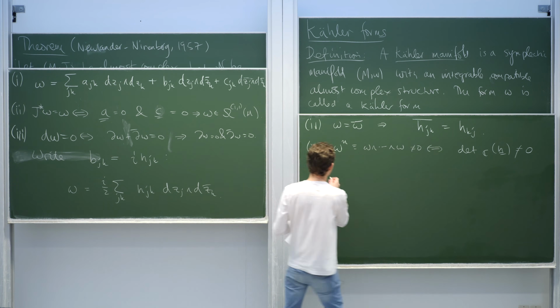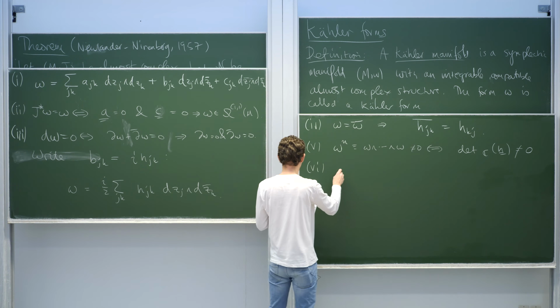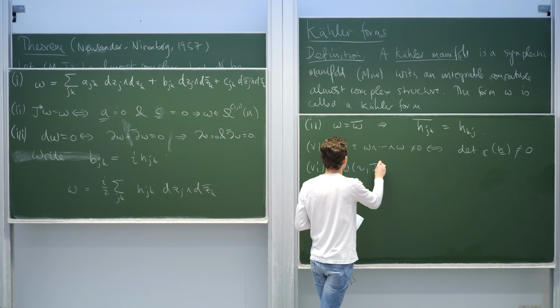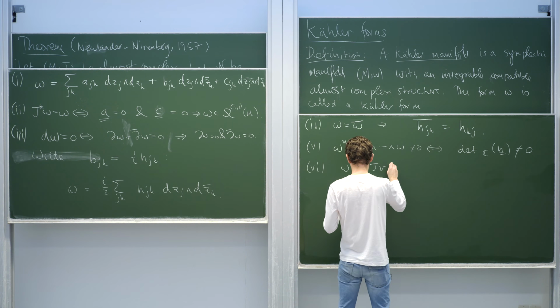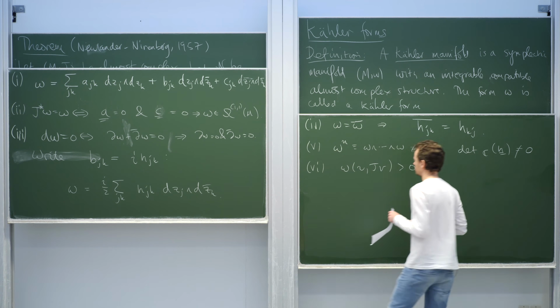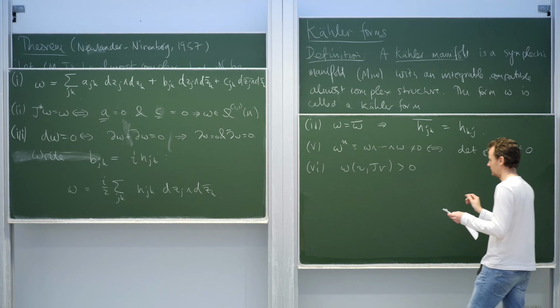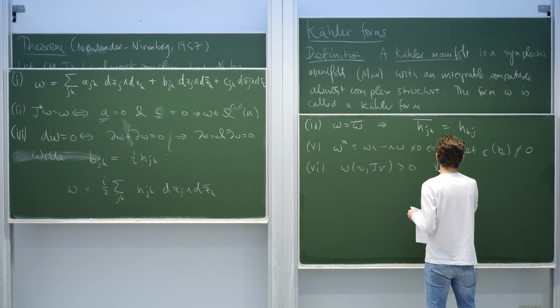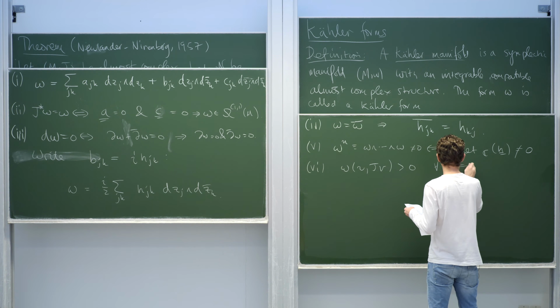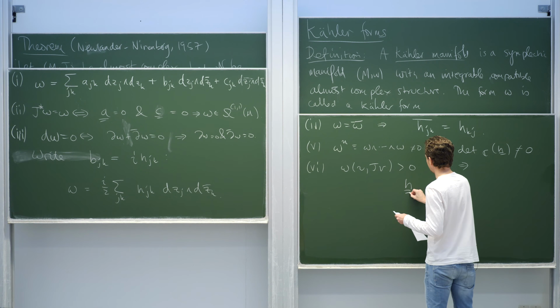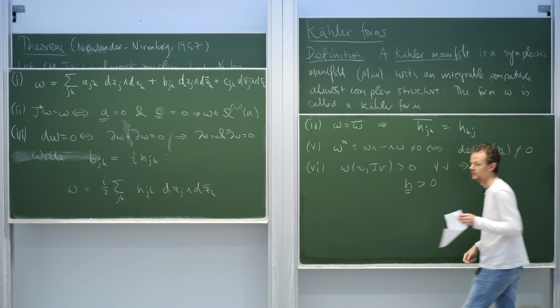We've got one more property we haven't used, namely that because we have a compatible complex structure, omega(v, jv) is strictly greater than 0 for all v. So that means it's like a locally Riemannian. And that tells us, in turn, that as a matrix, H is positive.